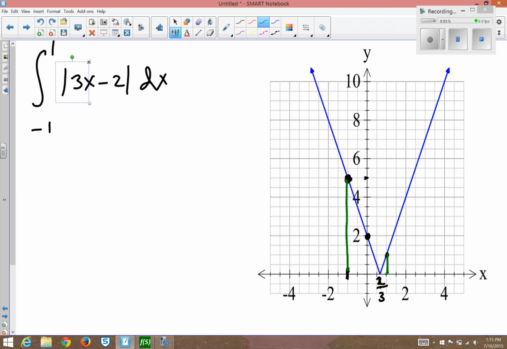We want the area between the curve and the x-axis. So that region we're talking about is just two right triangles, a large one and a small one.